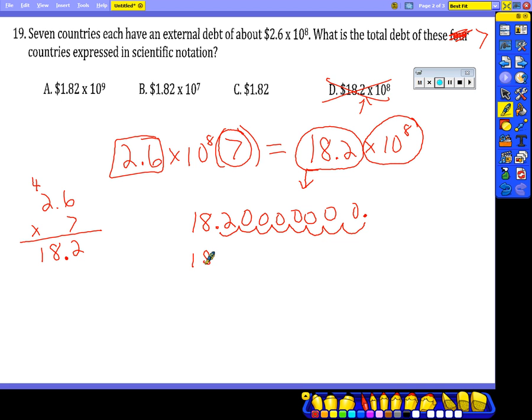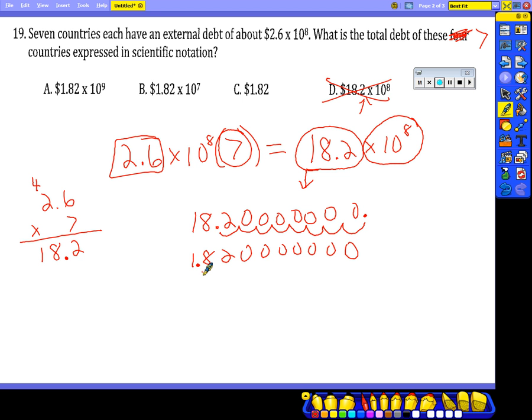And so what this really equals is 1, 2, 3, 4, 5, 6, 7. Equals that. That much money is how much debt these 7 countries have. So now I'm going to put the decimal where it should be. Right there. Because you see this number, 1.82, is equal or greater than 1, but less than 10.